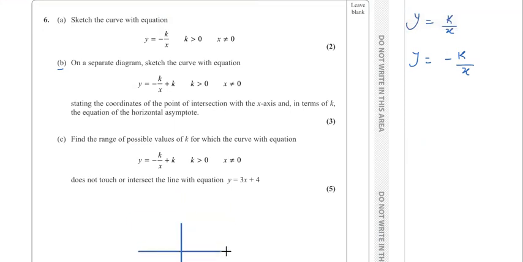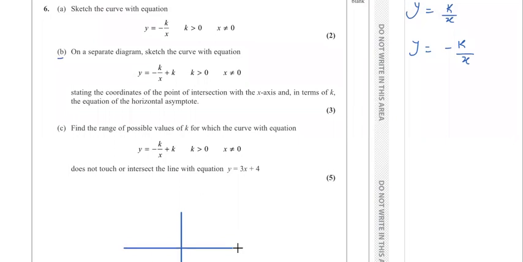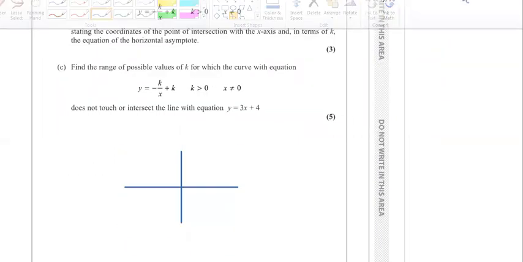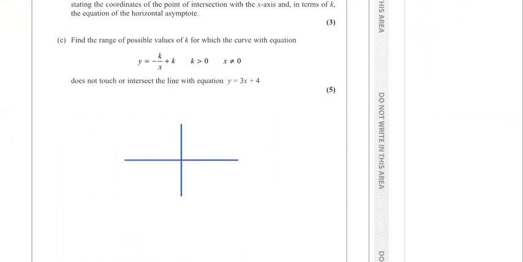Here we have the horizontal and vertical axes. This is the horizontal axis, the x-axis, and this is the vertical axis, the y-axis. So the sketch will look like this one.